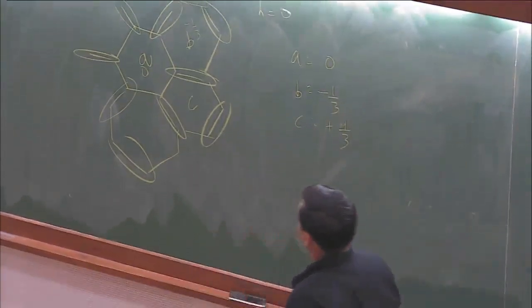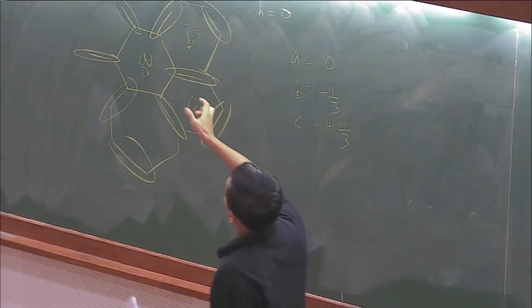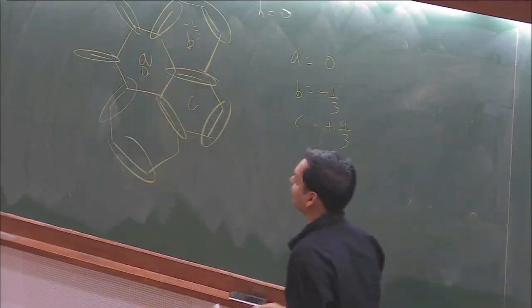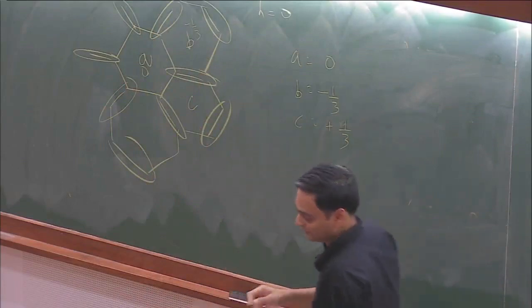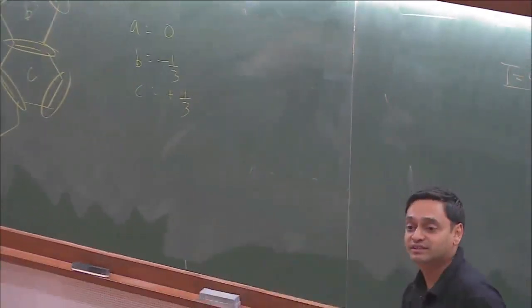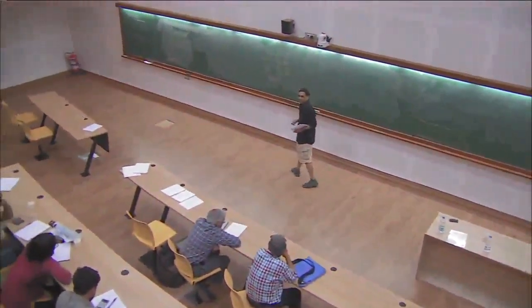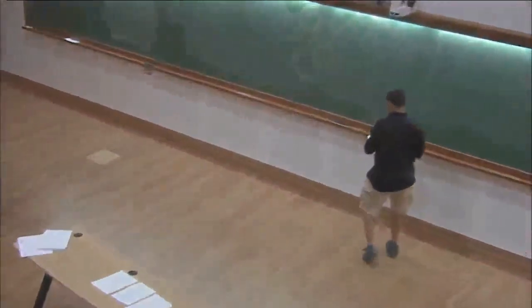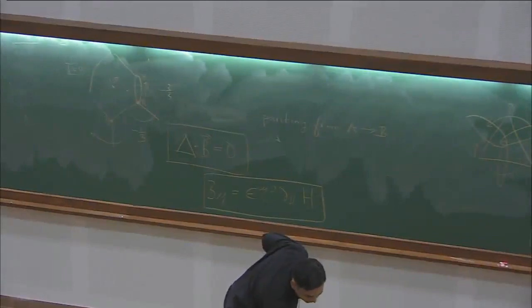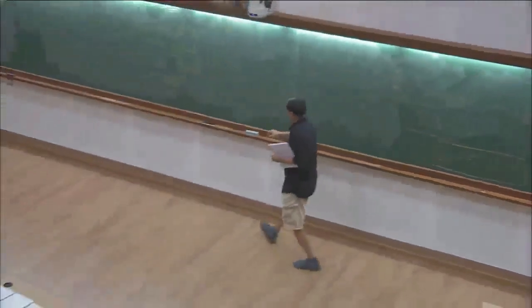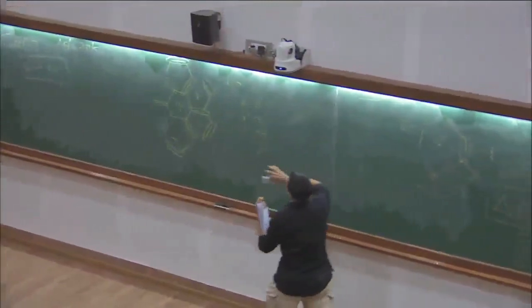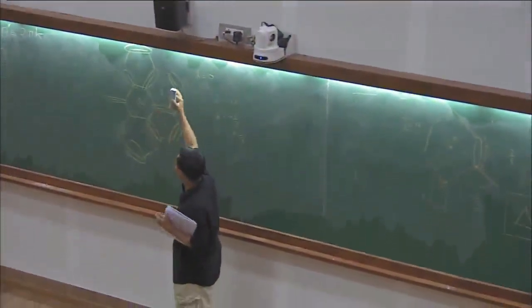Now I invite you to imagine acting on this pattern, but not the labels A, B, and C, with either a lattice rotation or a translation, or any of the valid symmetries of the triangular lattice, and see what happens to each. And you should be able to convince yourself. If you just take this simple pattern, you can translate, rotate, and work out the h.